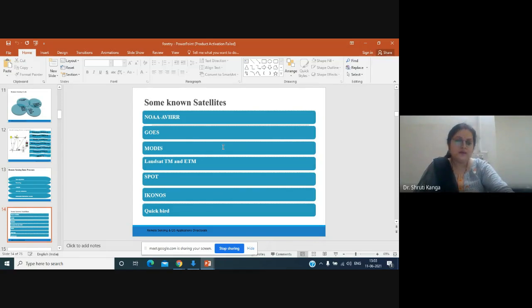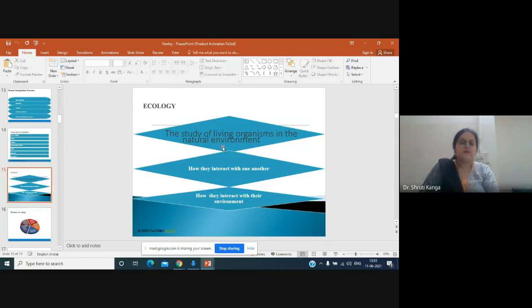Some known satellites are the different IRS series, the Indian satellites which include LISS, Cartosat, etc., NOAA, GOES, MODIS, Landsat, Ikonos, Quickbird. All these are known satellites.